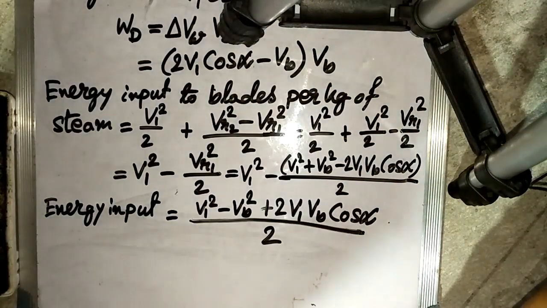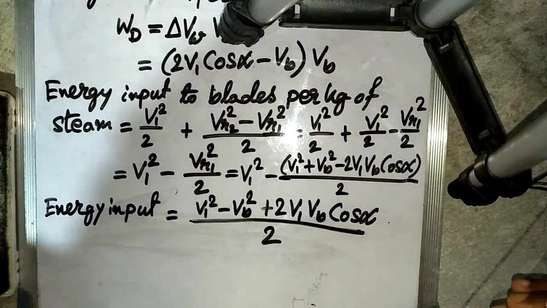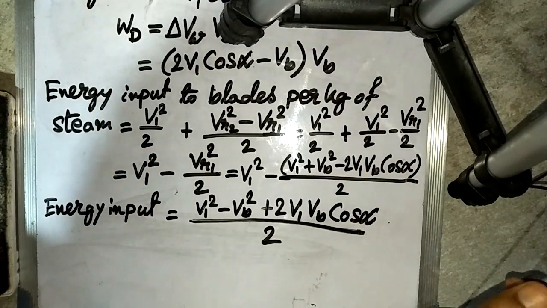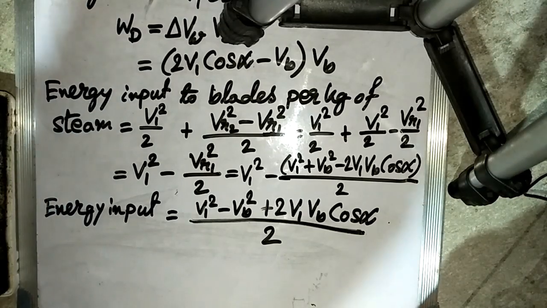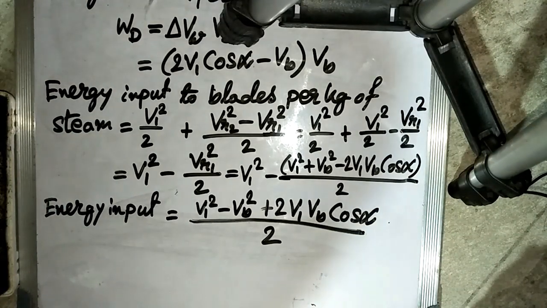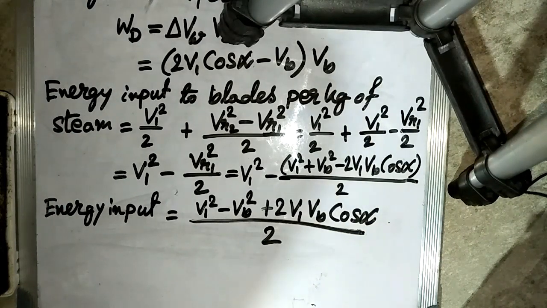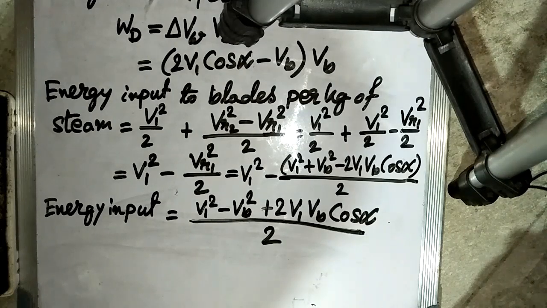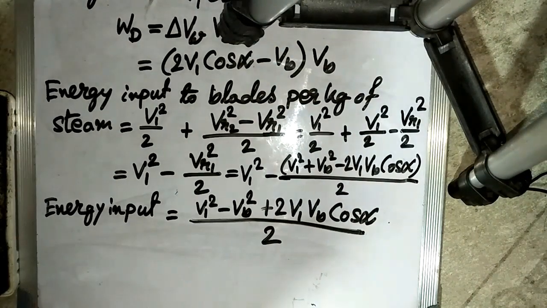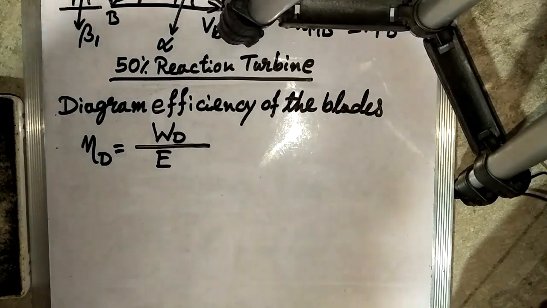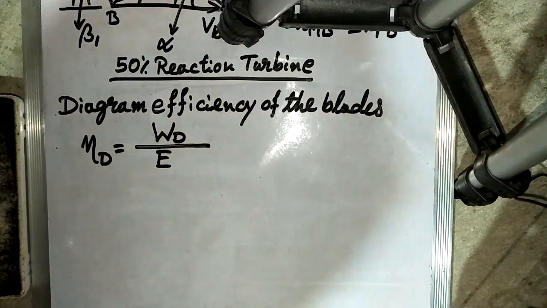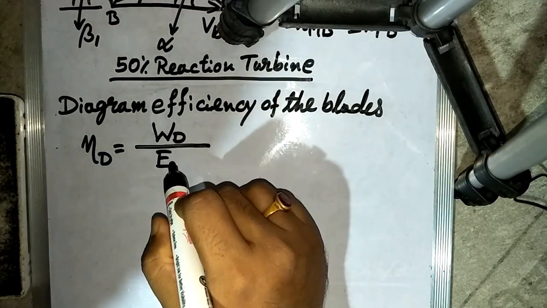So the energy input becomes (V1 square minus VB square plus 2 V1 VB cos alpha) by 2. So this is the energy input. Now let's derive the efficiency of the blades. The diagram efficiency of the blade is equal to the diagram work by the energy input.